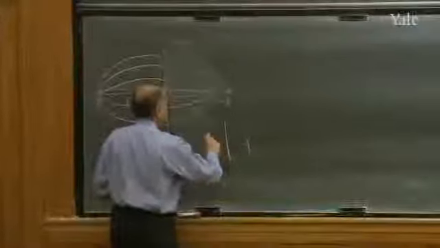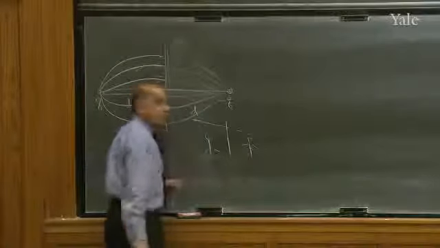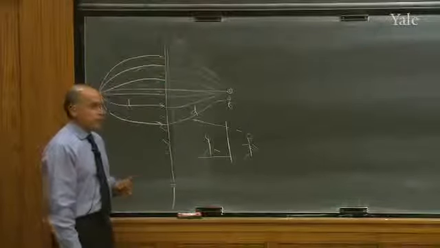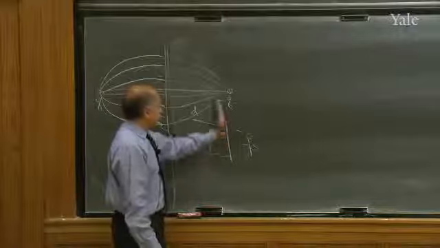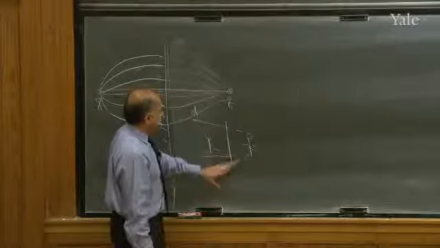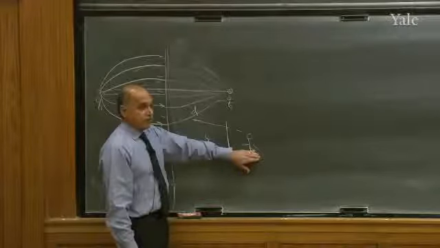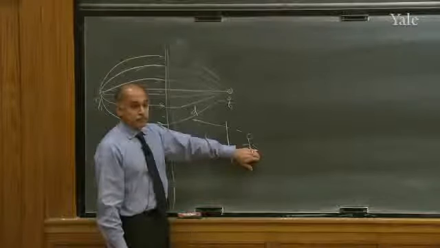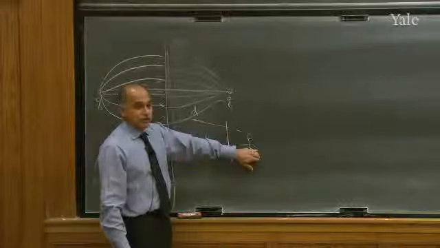The mirror and the light bouncing off and coming here looks like it's coming from this image. So to the left of the mirror, either you can talk about you and the mirror and the reflected light, or forget the reflected light. It's as if there's another person behind the mirror. Of course, you know there is no other person behind the mirror, right? I don't want to be the one to break that news.